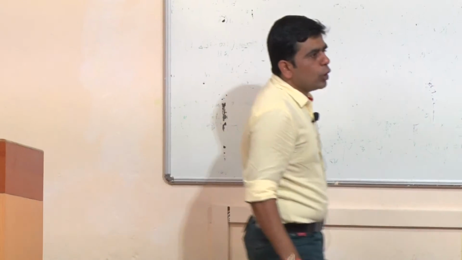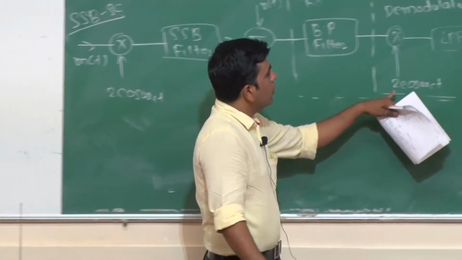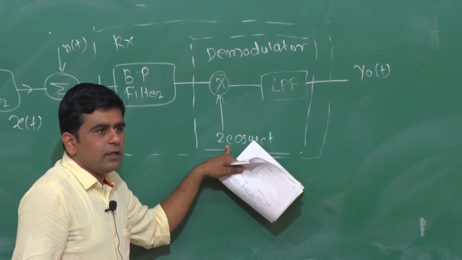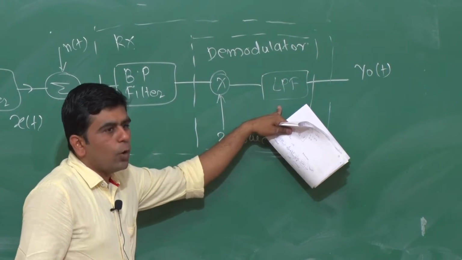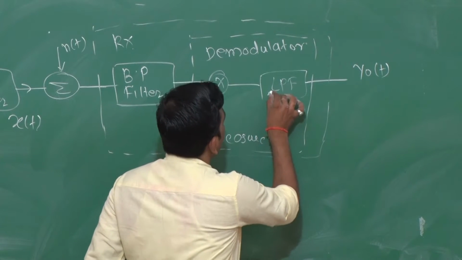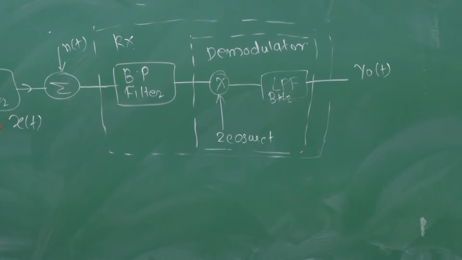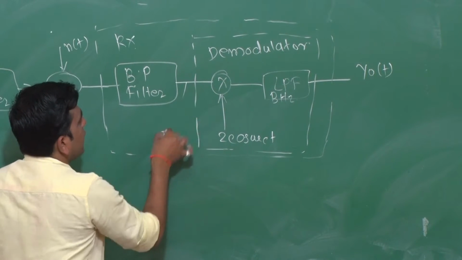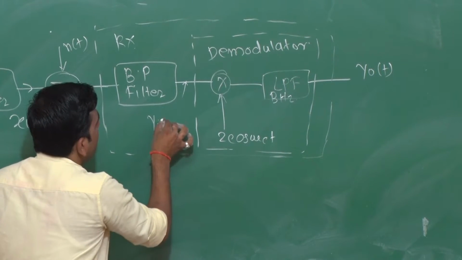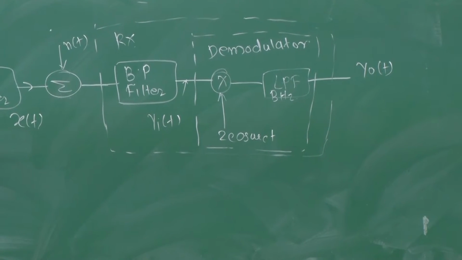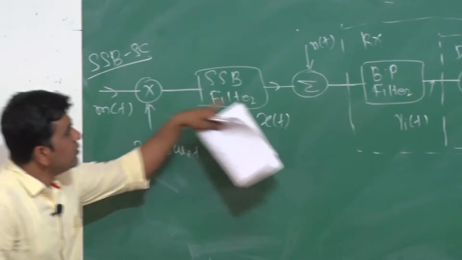Then we have the demodulator block. At the demodulator block we have the same carrier, that is 2 cos omega_c t, which is given to the low pass filter with bandwidth capital B hertz, and at the output we will get y0(t). Input to your demodulator is given as y(t). y(t) is nothing but the modulated signal plus noise.